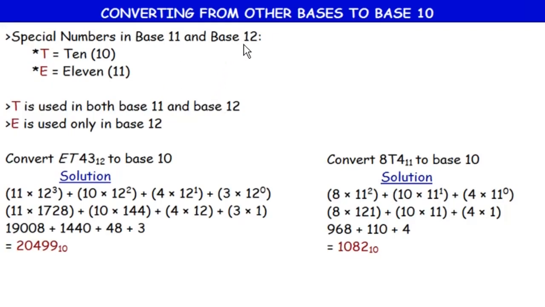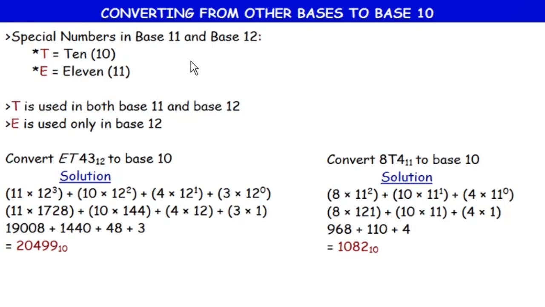And for base 12 the highest digit should be what? Should be 11. But then you see 10 is actually a 2-digit number, 11 is also a 2-digit number. So if we are to write the 10, right, in base 11, we wouldn't know whether we are writing 10 as in 2 separate digits or 10 as a digit on its own, right?